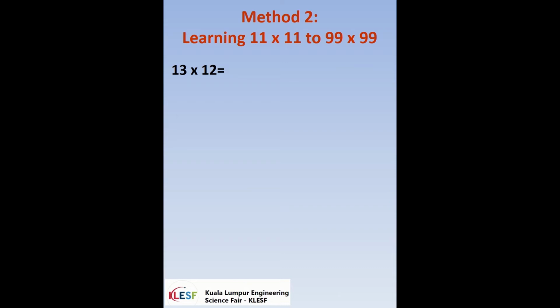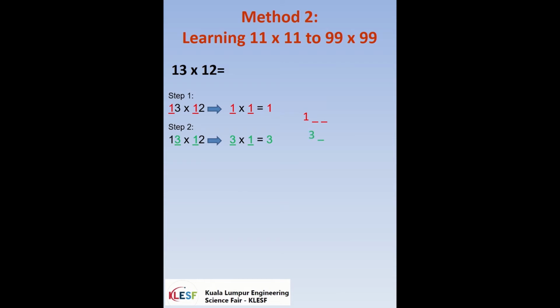13 times 12. The method starts with the first step: we consider the first digits of the two numbers, 1 times 1, which is equal to 1. And we know that 13 times 12 will give an answer with 3 digits. So the 1 will become 100. Then we consider the last digit of the first number and the first digit of the second number, which is 3 times 1, equal to 3.